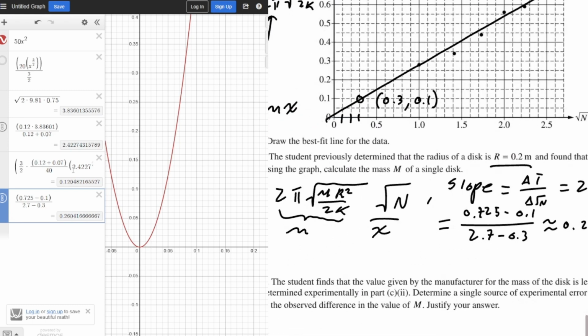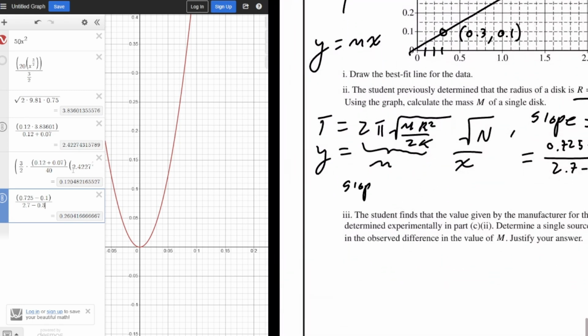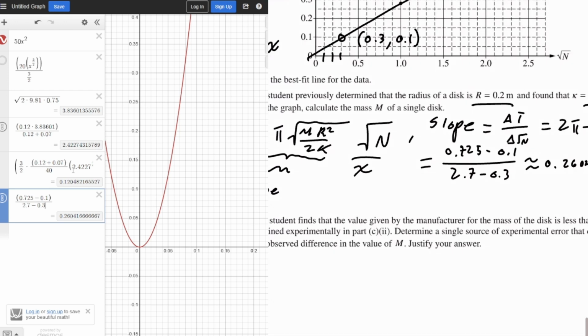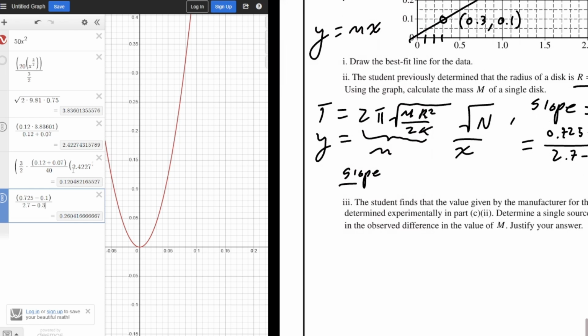And now we're going to do our calculations. We're going to solve knowing that slope is equal to this big thing here. We're going to just move the terms over so we can solve for m. So divide by 2 pi. Square that whole thing. We're going to multiply by 2k and divide by r squared. And that's going to give us m by itself.